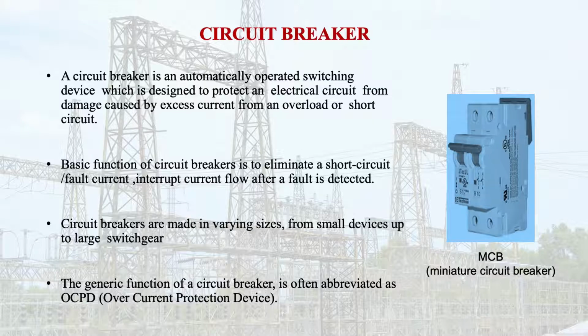For large switchgear designed to protect high voltage circuits feeding an entire city, circuit breakers are also used. The generic function of the circuit breaker is often called OCPD, overcurrent protection device.